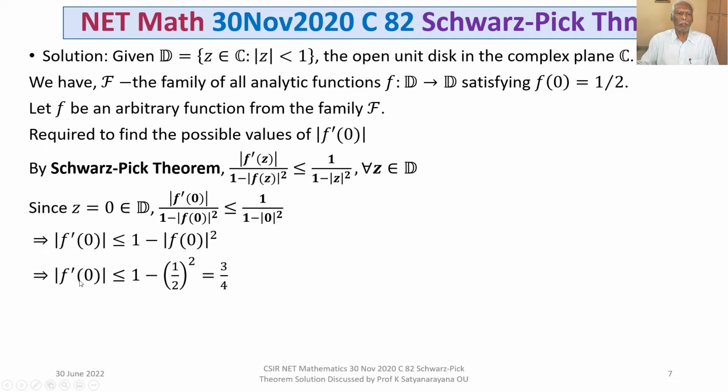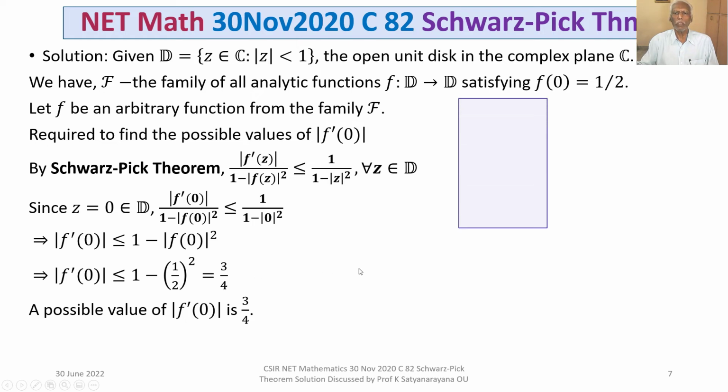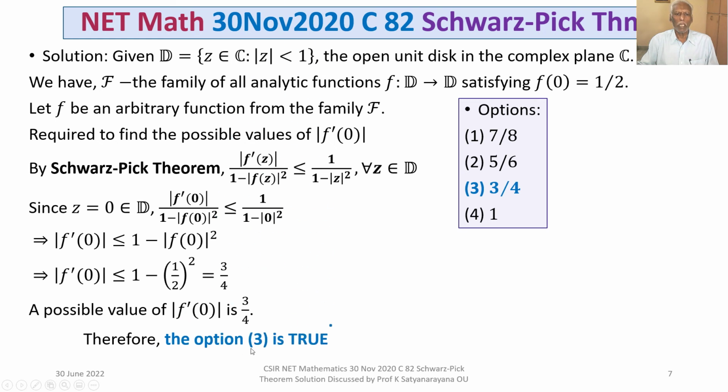So, mod of f prime 0 is less than or equal to 3 by 4. A possible value of mod of f prime 0 is 3 by 4. Let us look at the options, and this possible value 3 by 4 appears against option 3. Therefore, option 3 is true.